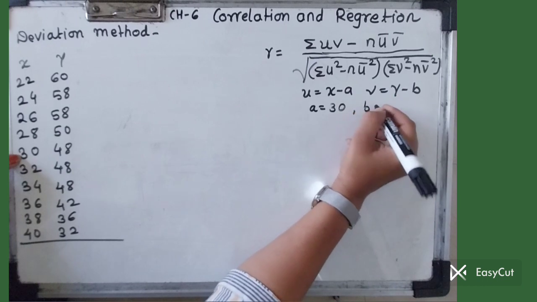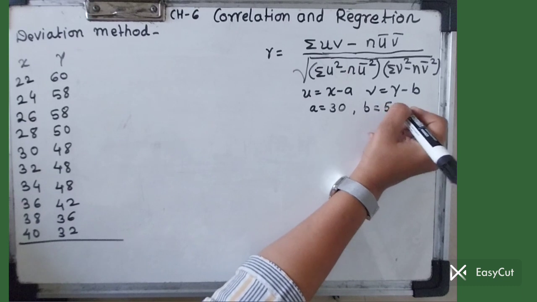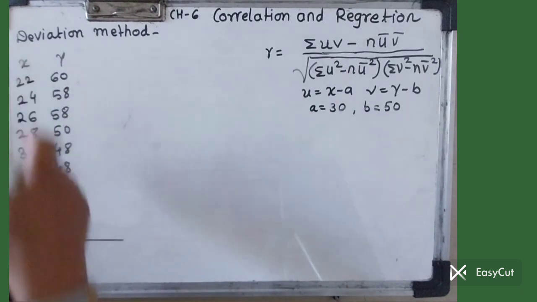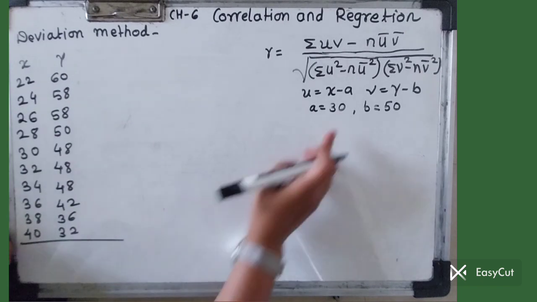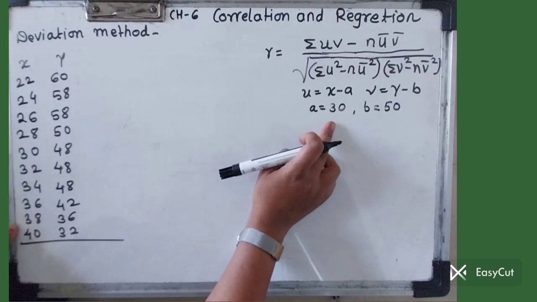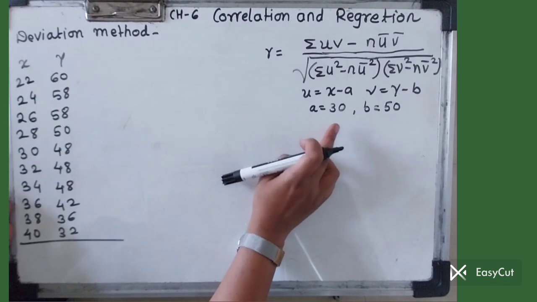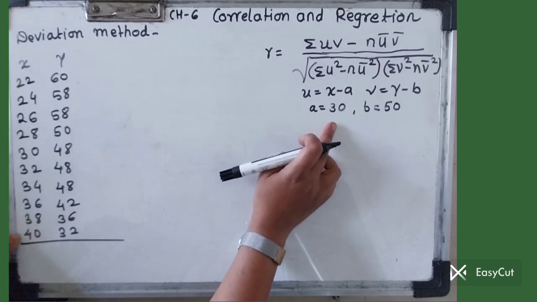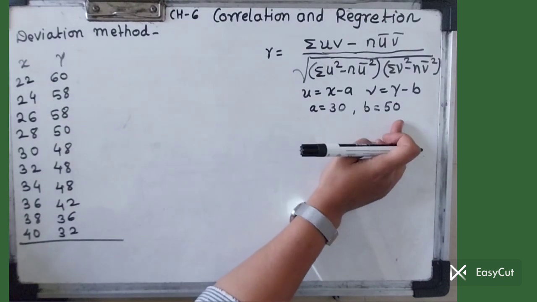I already told you: take one value from the observations which is nearer to all observations. 30 is near to all observations. I am not taking 45 or 50 from x, because they are not near to all these values. 30 is nearer to all, and 50 is nearer to all in y. That's why I am taking 30 and 50 here.